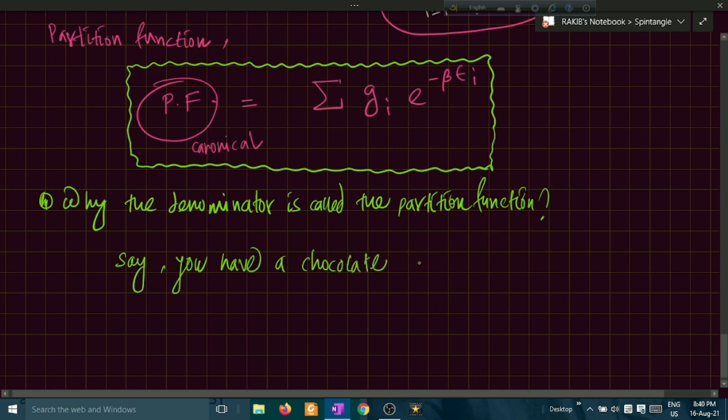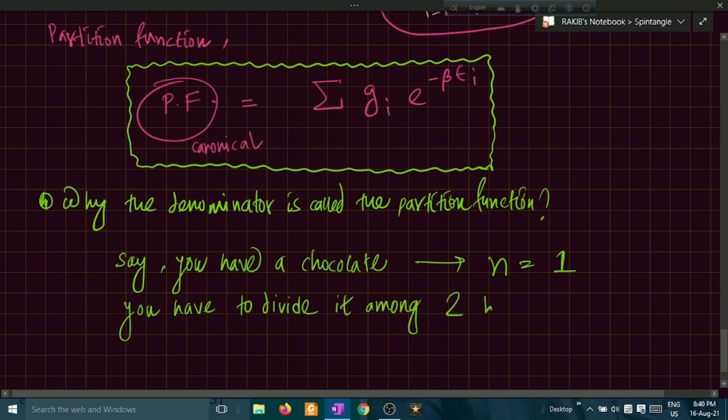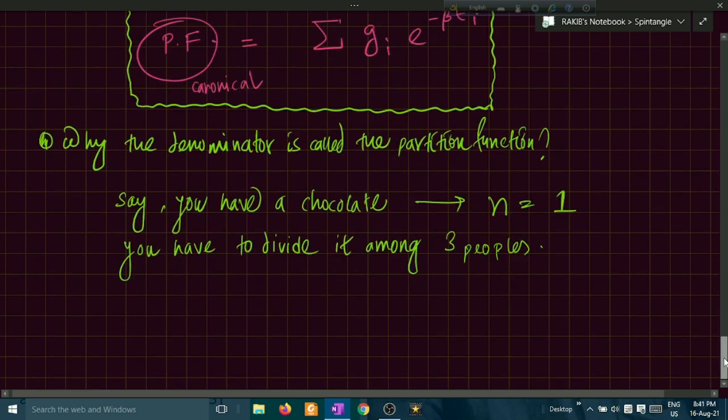How many chocolates are there? The number of chocolates is 1, and you have to divide it among 2 people or 3 people, say 3 people. Therefore, the share of each person will be the total number of chocolates upon the number of people.